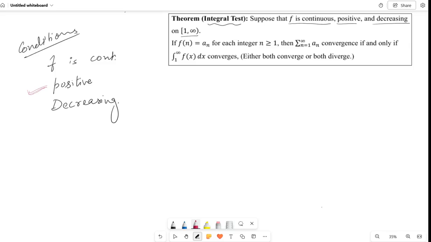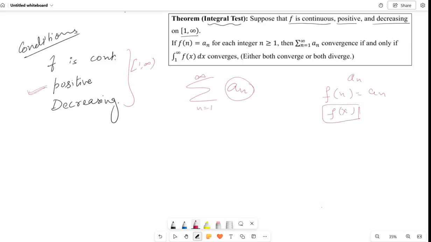Suppose we have a series with n from 1 to infinity. That is why all this has to be true on 1 to infinity, because our series starts from 1. We are only worried about 1 onwards. So we take off a_n and write it as f of n, and from there we get f of x.